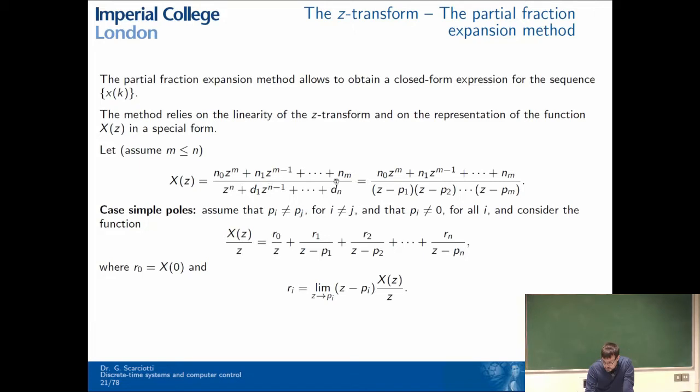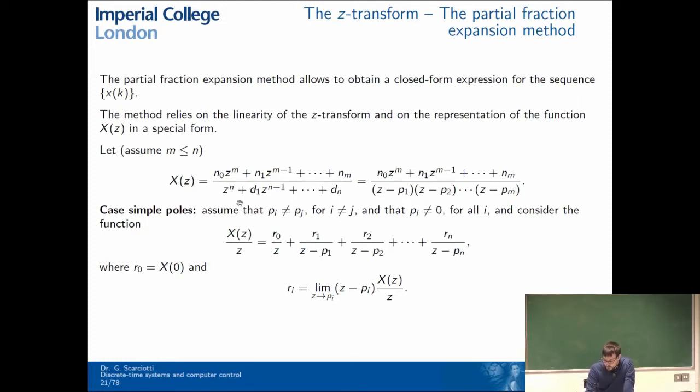So the degree of the numerator is less than or equal to the degree of the denominator. This is not a strict assumption. It doesn't make us lose generality, because if that's not the case, then we can factorize the numerator and bring it outside. So in this case, we can write this fraction in the following way.